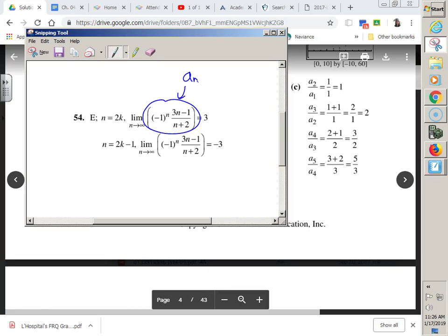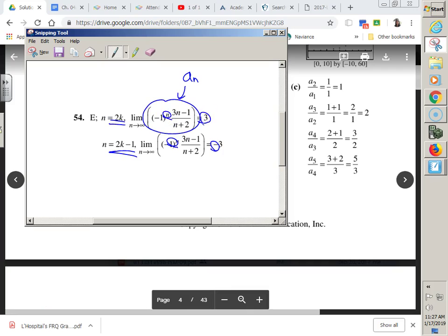If you guys were to actually start plugging in stuff, did that help? A lot of you would look at this and say, hey, the limit is 3, converging. But the problem is the limit isn't 3. The limit is technically 3 and -3, because every time you have an odd number plugged in, this is going to be negative, and every time you have an even number plugged in, this is going to be positive.